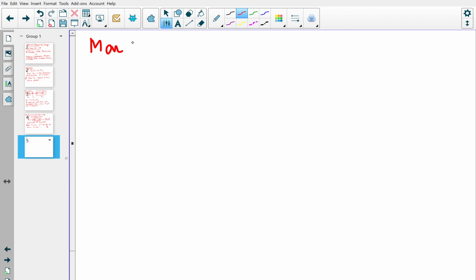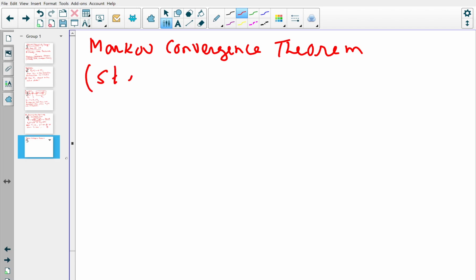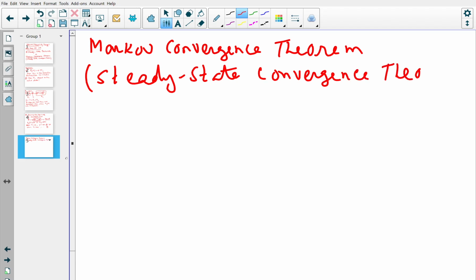Markov convergence theorem, or steady state convergence theorem. What does this theorem tell?